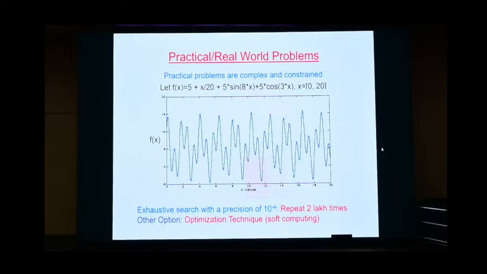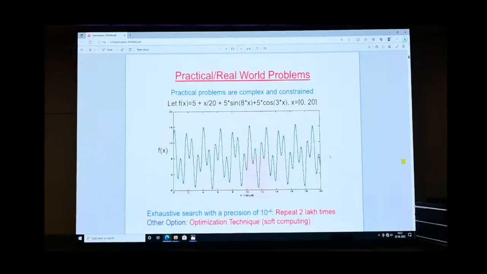Another approach is an exhaustive search. Exhaustive search means you take all the possible values of x, from 0 to 20. So what is the tolerance? Suppose the first value is 0, the next value is 0.0001, like this. So up to 20 means around 2 lakh times you have to repeat.